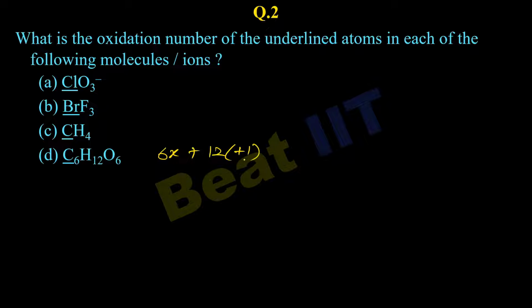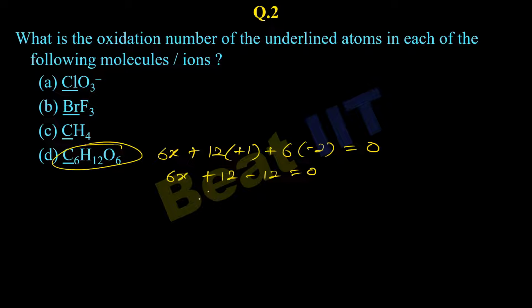Hydrogen has the normal oxidation state plus 1 in its compounds, plus 6 oxygens, oxygen minus 2 times 6, equals 0. Overall, there is no charge on this molecule. So 6X plus 12 minus 12 equals 0. So 6X equals 0, X equals 0. It means the oxidation number of carbon in C6H12O6 will be 0.